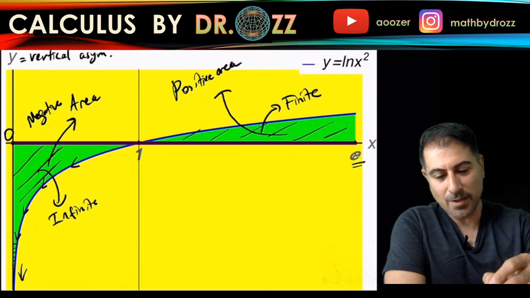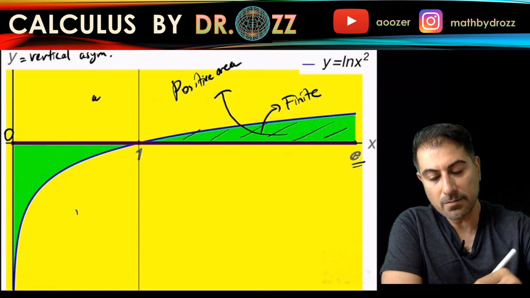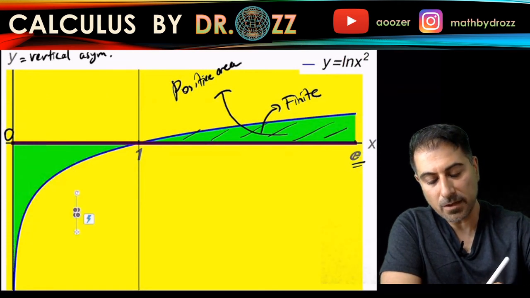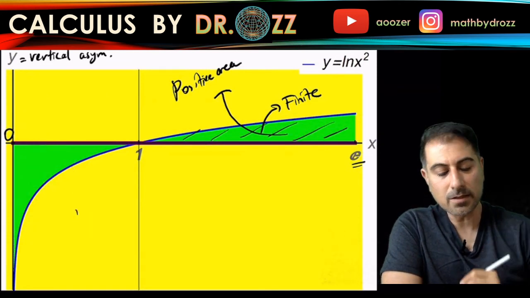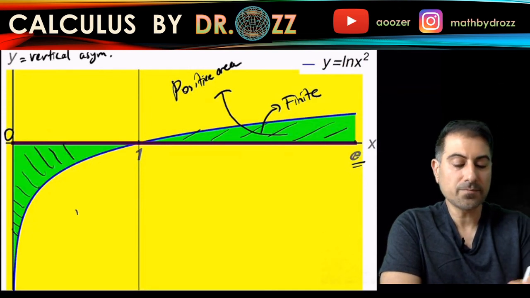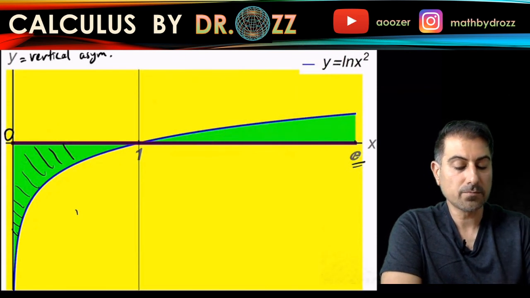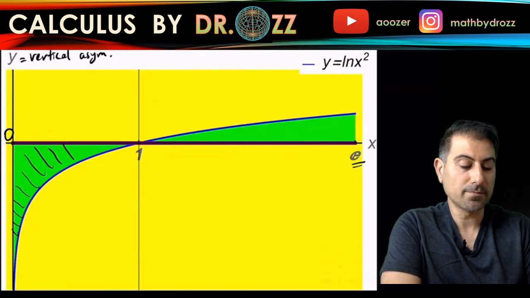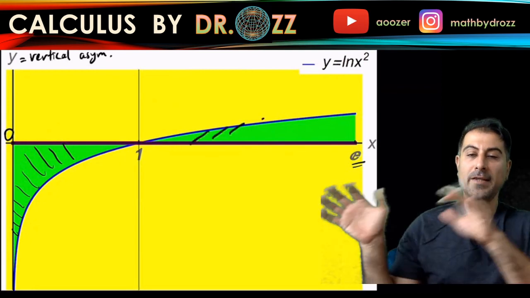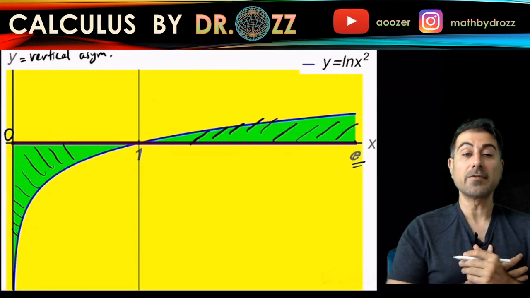Even though it looks like we have an infinite area here, that area is the same as the area right here. Okay. All right, and negative area cancels the positive area. That's exactly what the value of the integral is.